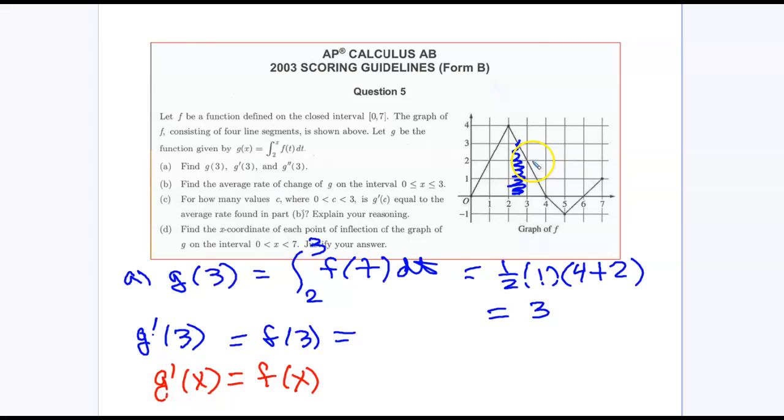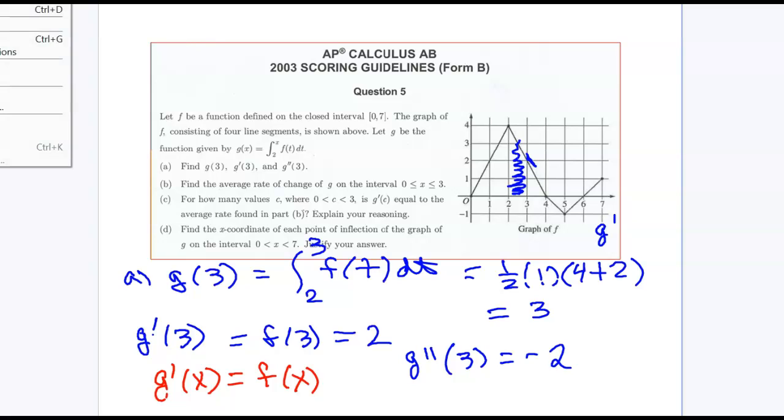At 3, the value of f is 2. So really, this is g prime's graph, or the graph of f. The next one is g double prime of 3, which is going to be the slope of the tangent line at 3. If we calculate that slope using rise over run, I'm going down 2 over 1. The slope would be -2.